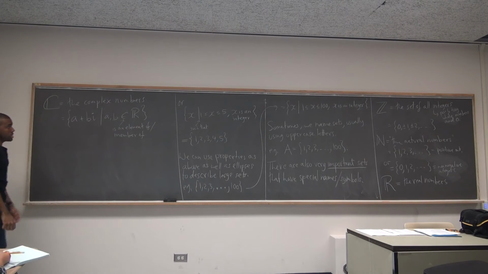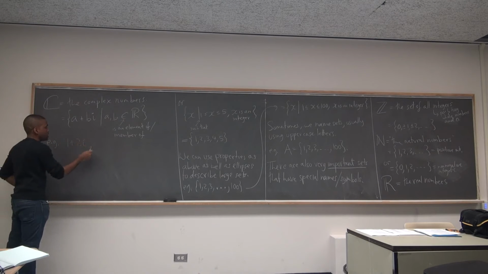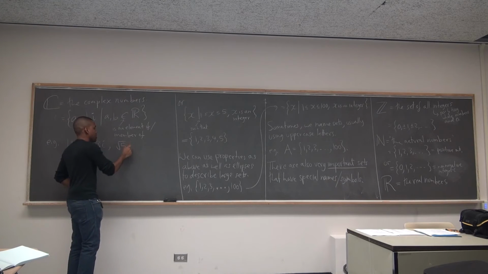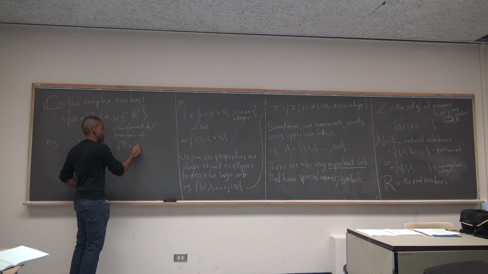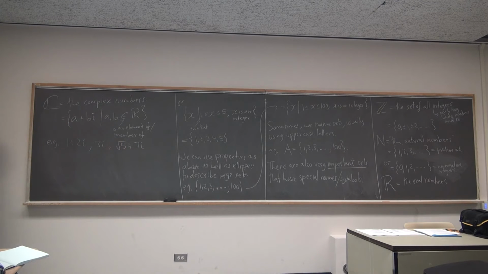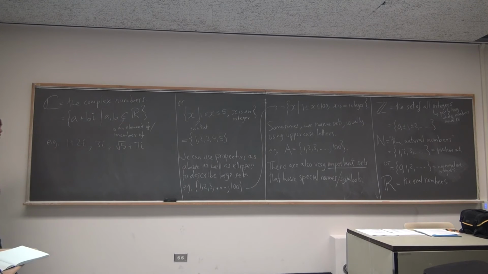This is a set that defines the complex numbers. So for example, 1 plus 2i, or 3i, or radical 5 plus 7i. These are all complex numbers. They're an extension of the real numbers so that we can solve basically all polynomials and get n solutions for an n-degree polynomial.